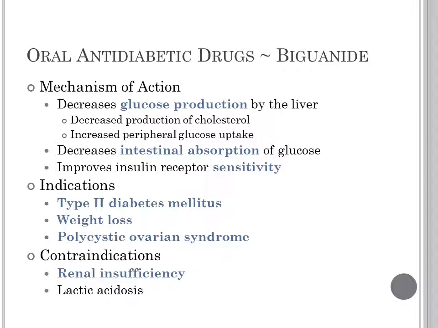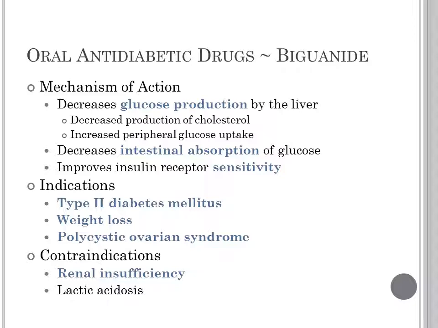Now, the next part of the lecture is just going to get a little bit monotonous, I'm warning you now, but it's important to go through, and this is going to be the oral anti-diabetic drugs. These types of medications are going to be first line for your type 2 diabetic patients. When they're first diagnosed, depending on how severe the disease is, they'll start them on an oral agent. And they'll just start them on one to start off with.